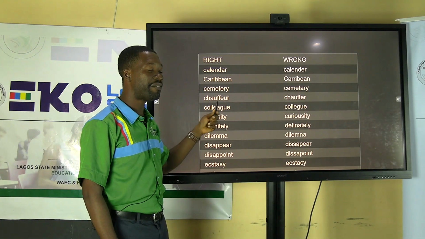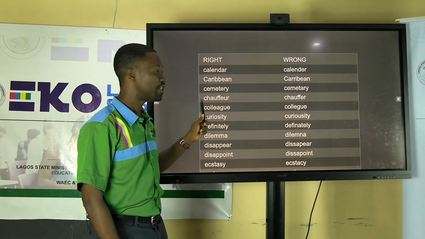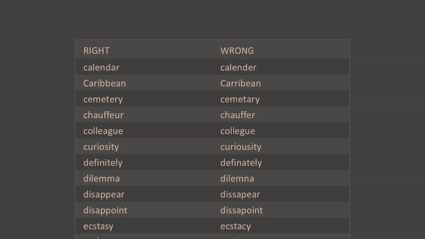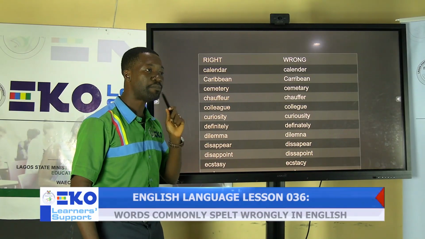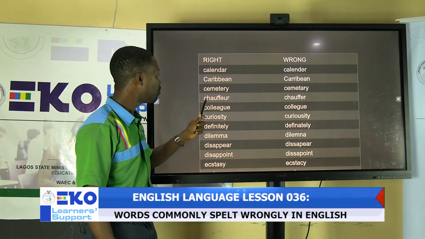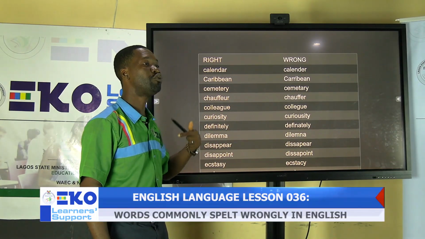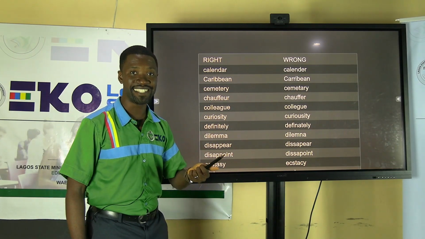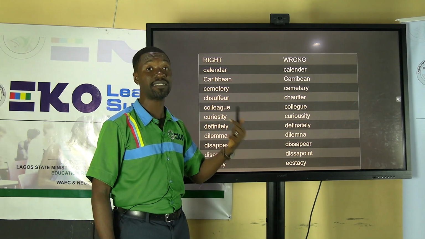It means a driver in French, but it's used in the English language, and it is spelled C-H-A-U-F-F-E-U-R, not C-H-A-U-F-F-E-R. You have to be very careful of your French words that have been absorbed into the English language. You find out that many of them end with E-U-R. Then some of them usually come with silent T's, as we did in the previous lesson when we were looking at the silent consonants.